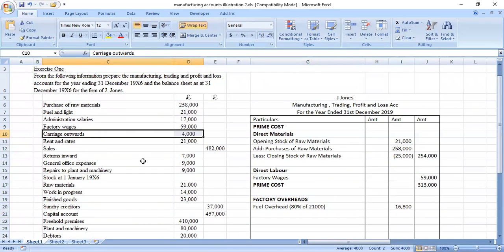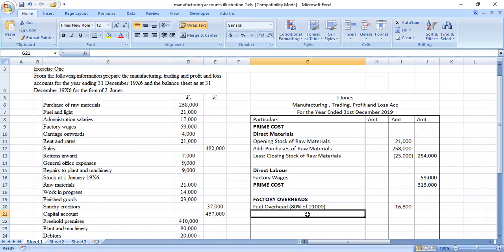Those are for transporting our goods to our customers, so we will not put them here. The other item we have is rent and rates. We could have rent paid for the factory or a warehouse, so rent and rates could form part of factory overheads.